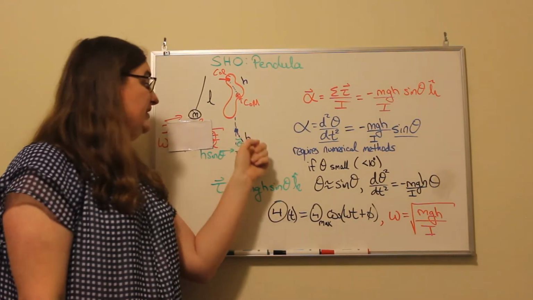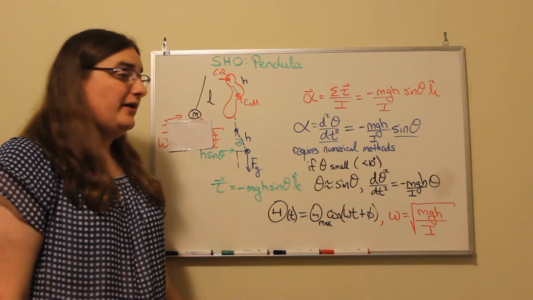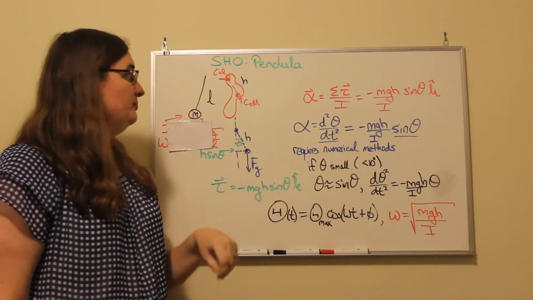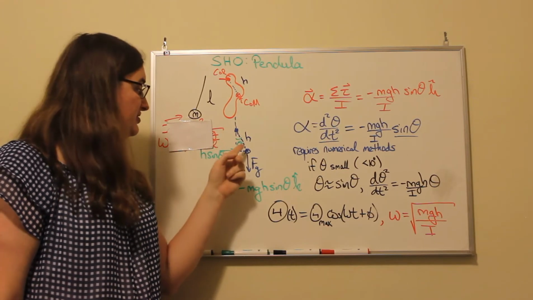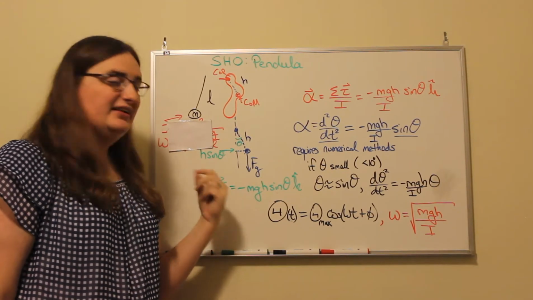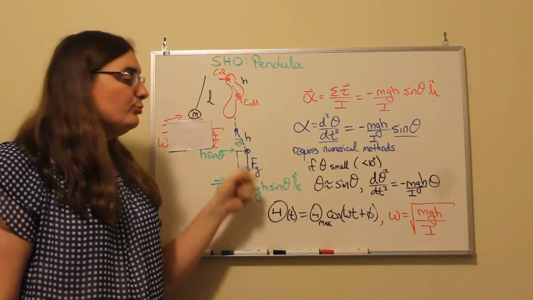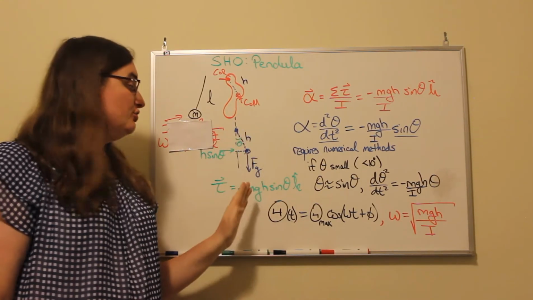So if we take a look at a basic extended free body diagram, this point represents our center of rotation and this circle with an X in it represents our center of gravity or center of mass, where the force of gravity is acting straight down.